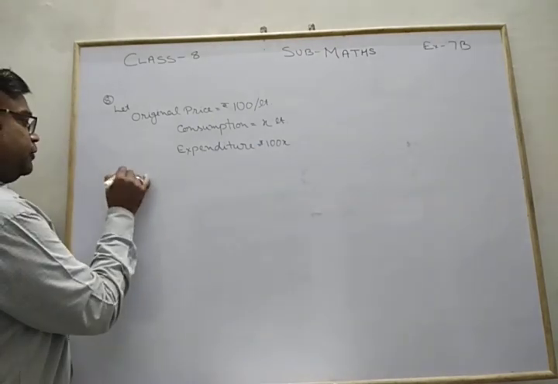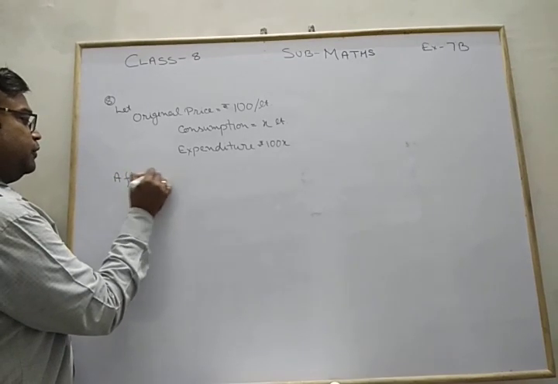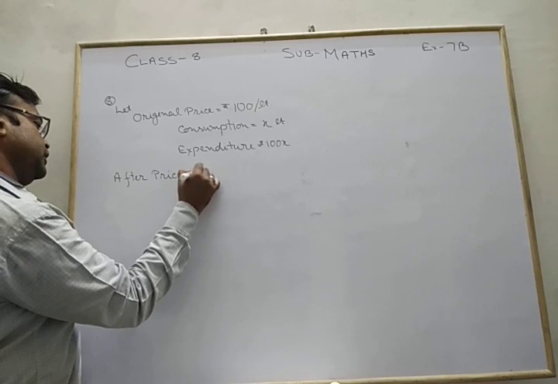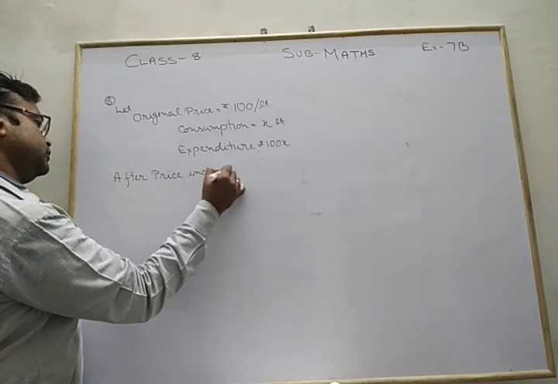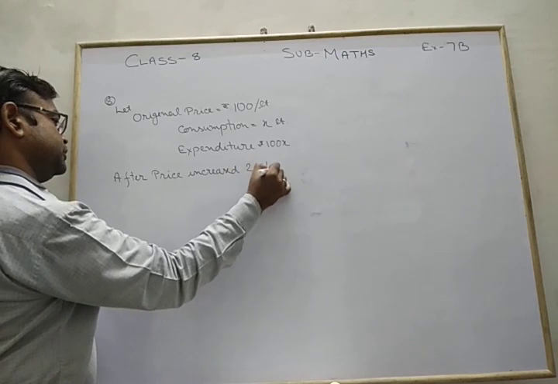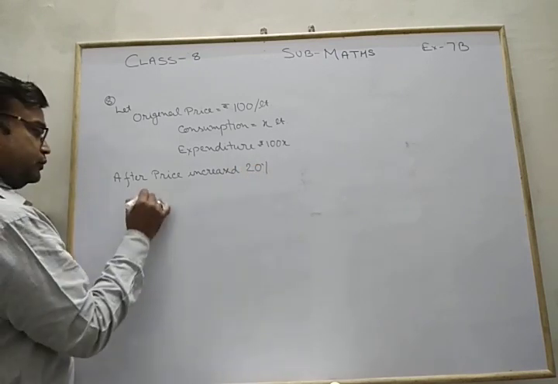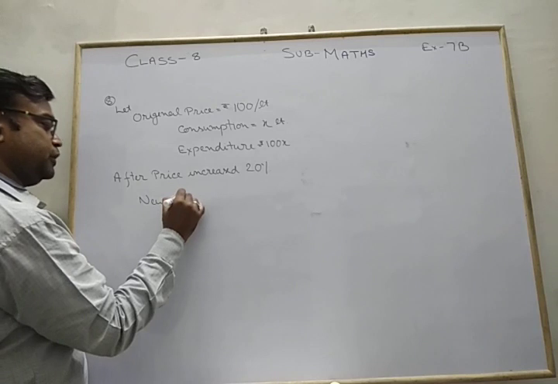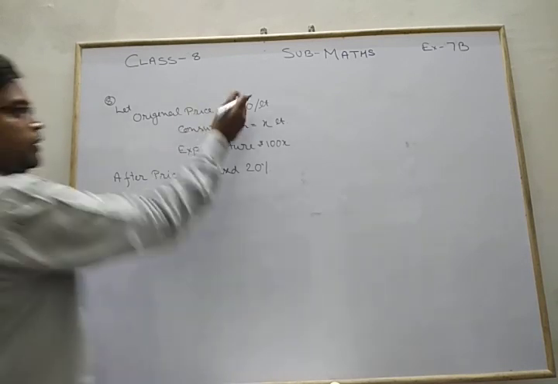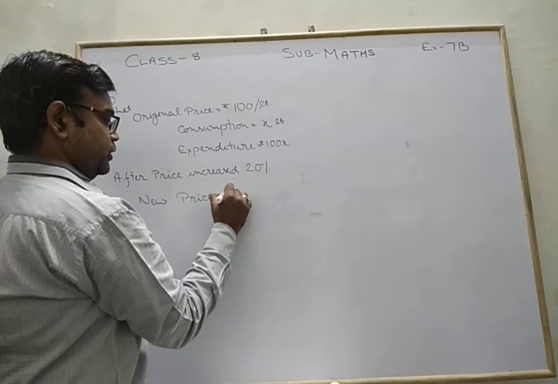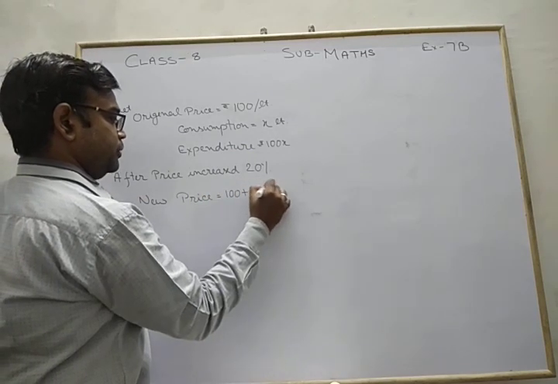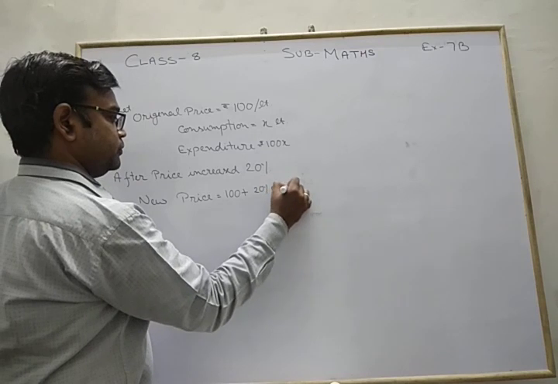Now there is an increase of 20% in price. New price, 20% increase, out of 120 rupees. It's 100 plus 20% of 100.